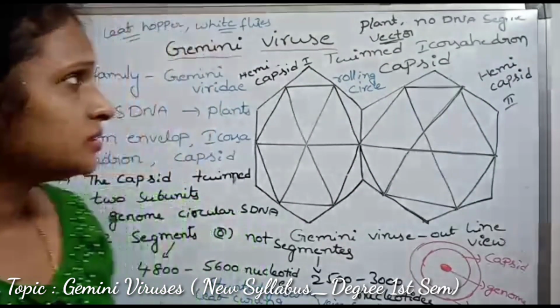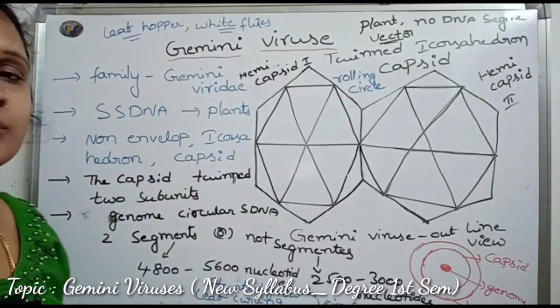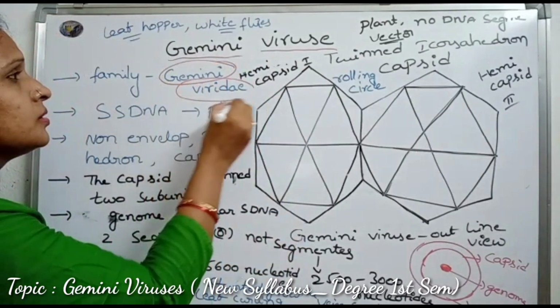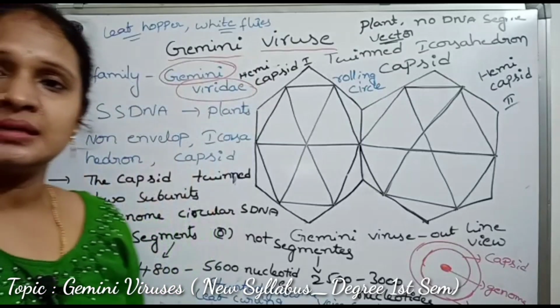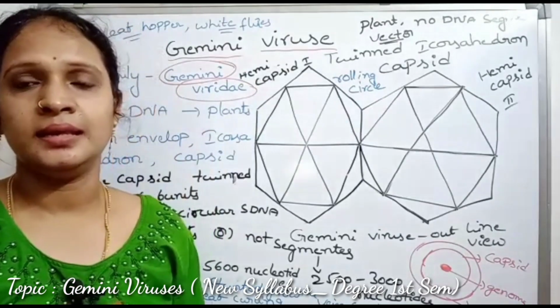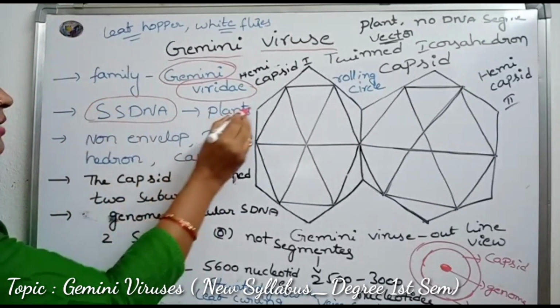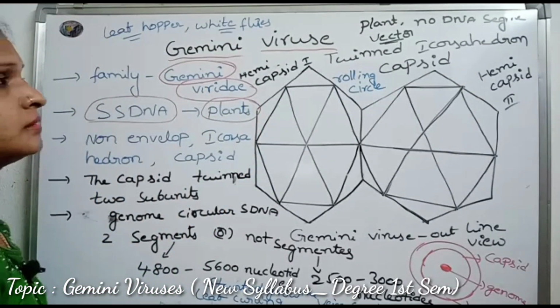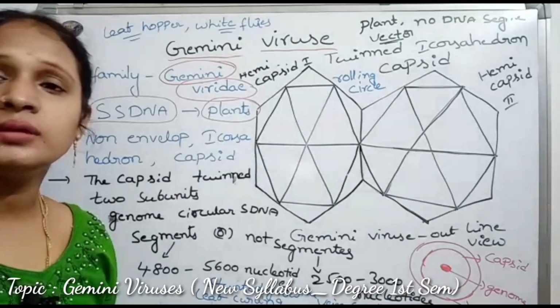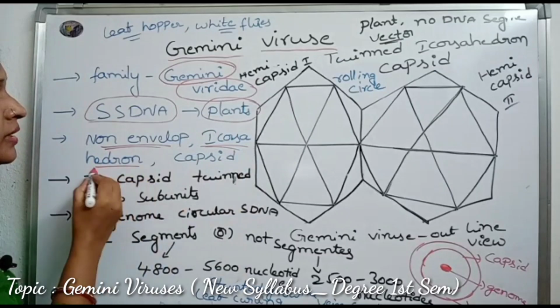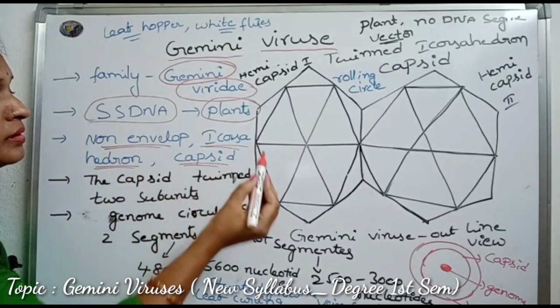Once again, let us repeat the Gemini viruses. Gemini viruses belong to the family Geminiviridae. These are small single-stranded DNA viruses infecting plants. The Gemini virus is a non-enveloped icosahedron virion consisting of a capsid.